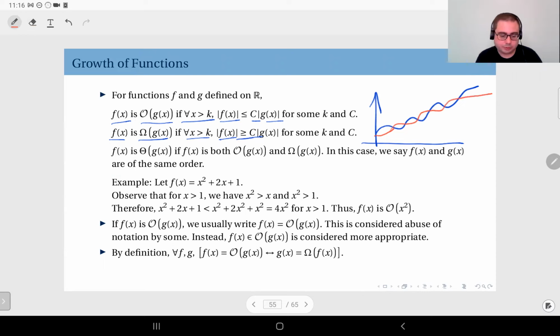So the blue one, after some point, stays above. Let's say this is k, and this indicates some constant c times g of x, and the red one is f of x. In this case, we say that f of x is big O g of x.